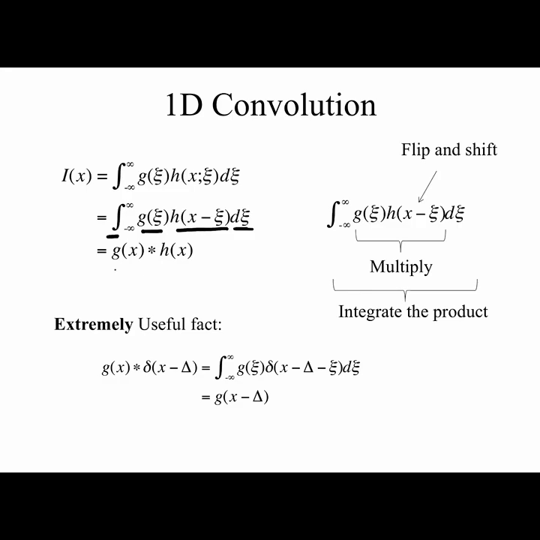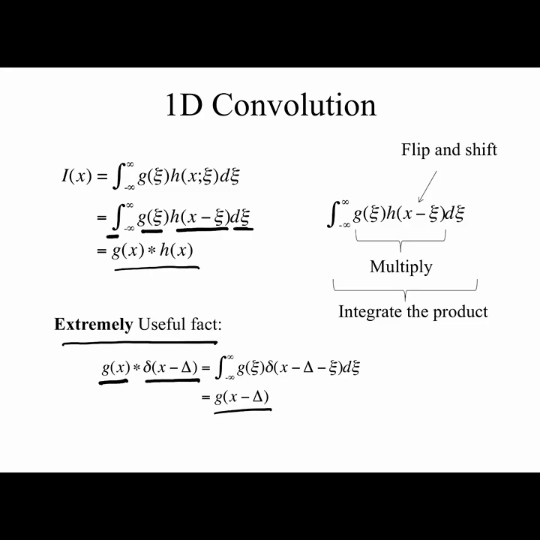And the way we denote that is g of x asterisk h of x, okay? And an extremely useful fact is if I take any function g of x and convolve it with a shifted Dirac delta function, it just shifts my function. This is extremely, extremely useful, okay?